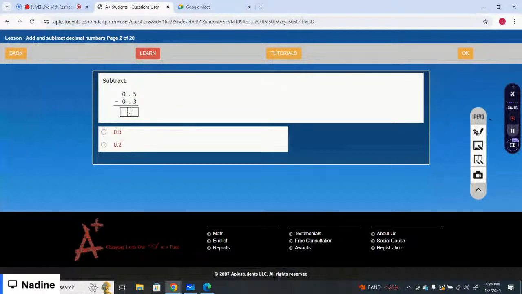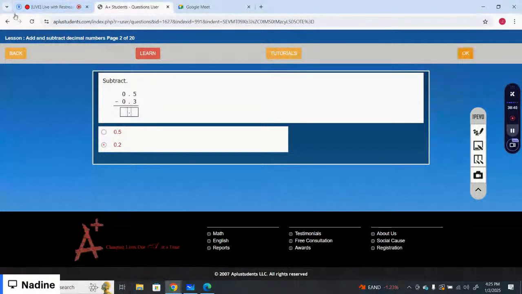0.5 minus 0.3, which is the correct option? That is 0.2.